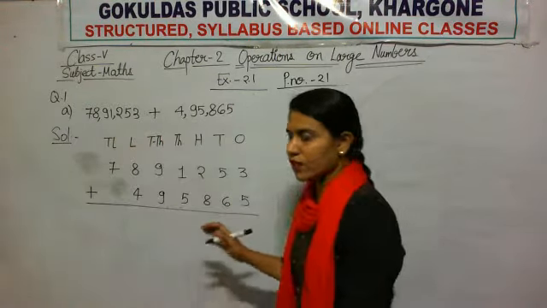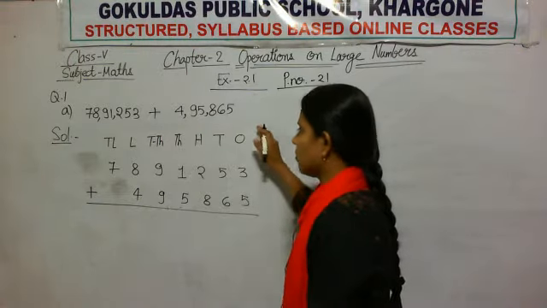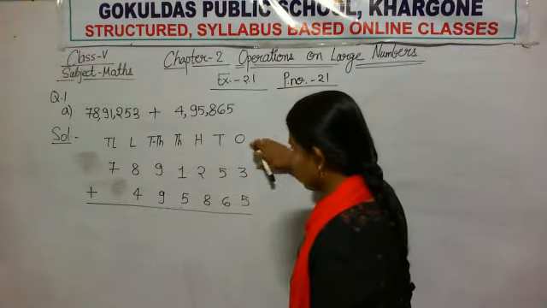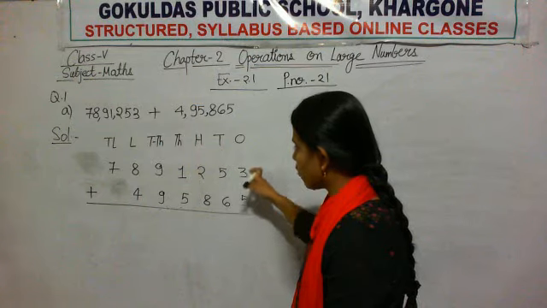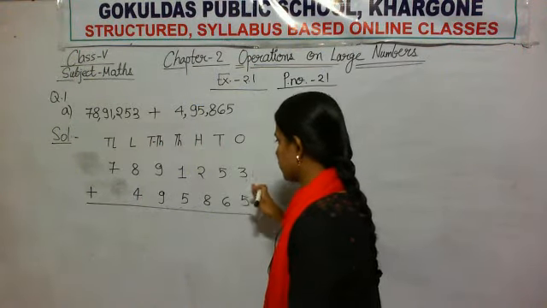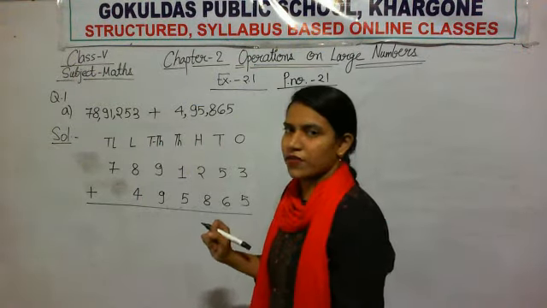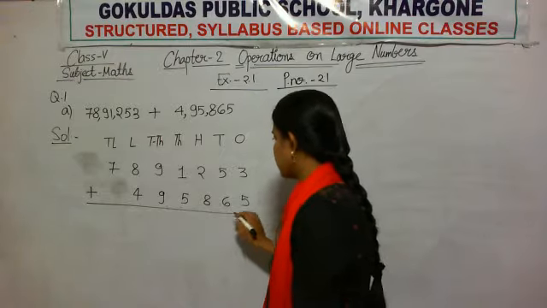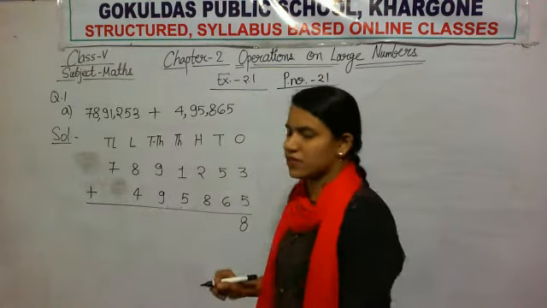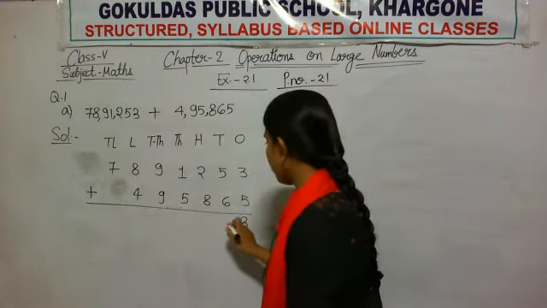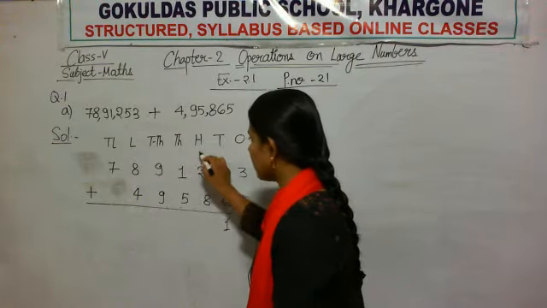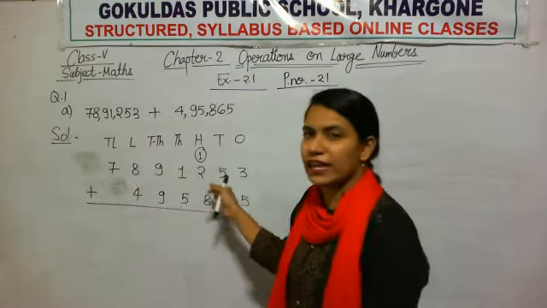Okay. Now start adding. Always start addition from the ones column. Start adding these 2 digits: 3 plus 5 is 8, 5 plus 6 is 11. So 1 here, and 1 is regrouped with the next column.